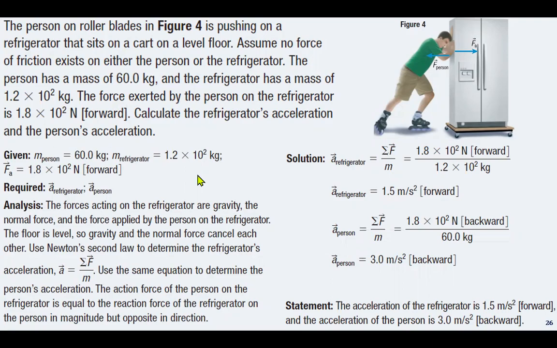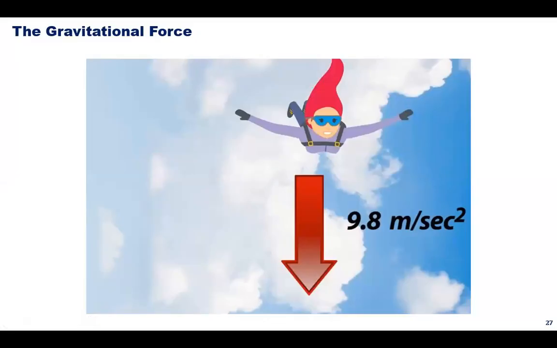Okay, good. If no questions, let's have a look at another concept, which is the gravitational force. Earth's force of gravity is something you are quite familiar with from everyday life, right? However, Newton realized that gravity is an attractive force between all objects, including the motion of the planets and stars.